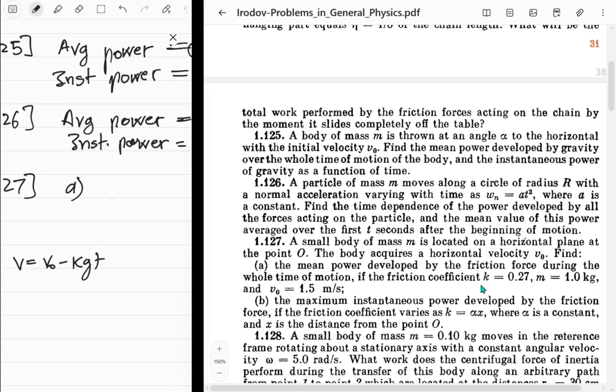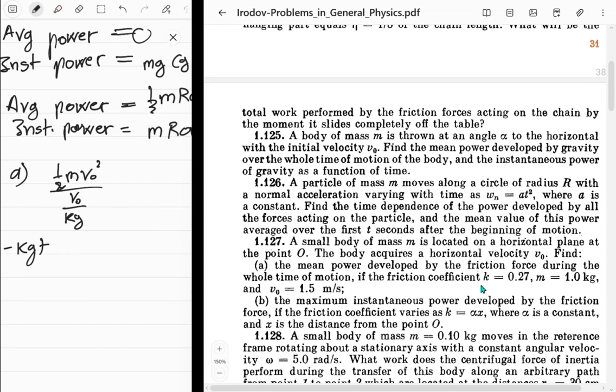It's going to be half m v naught squared upon this thing. So v naught upon kg cancels, and it just becomes m v naught kg and then half of that.